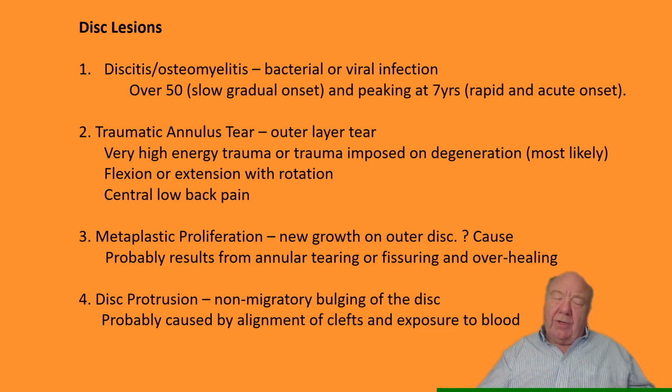So this is going to be caused by very high injury trauma forces on the disc in a healthy disc. But probably the trauma is less severe, but imposed upon a degenerate disc which is already predisposed to tearing. But even so, this is not terribly common, although whether or not we recognise it is another matter.